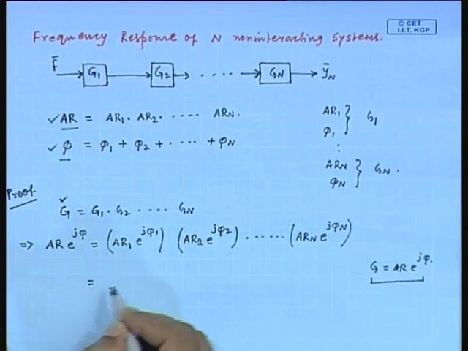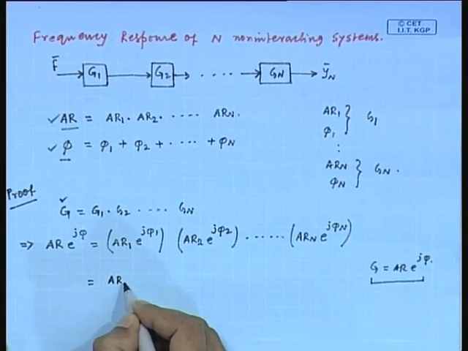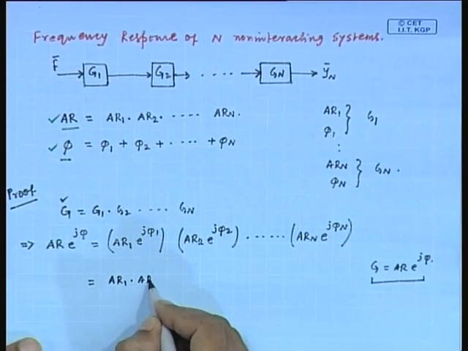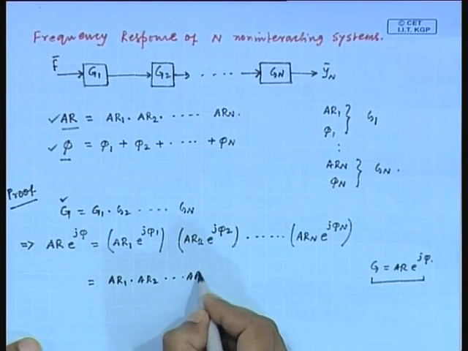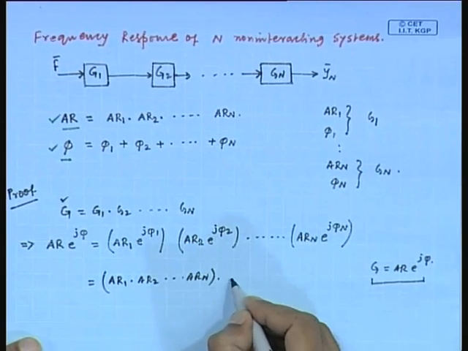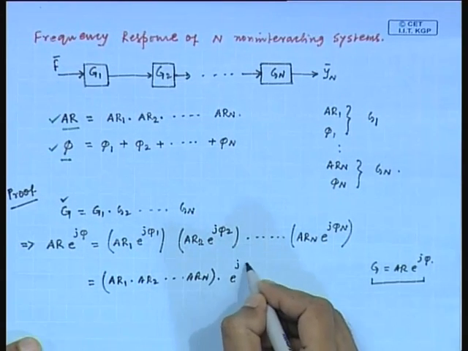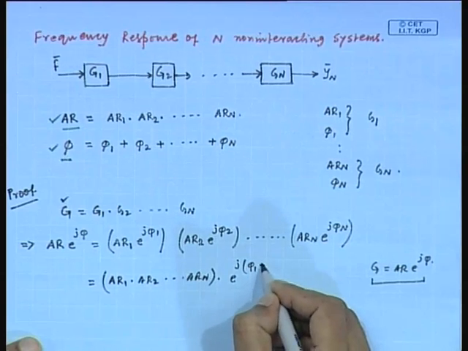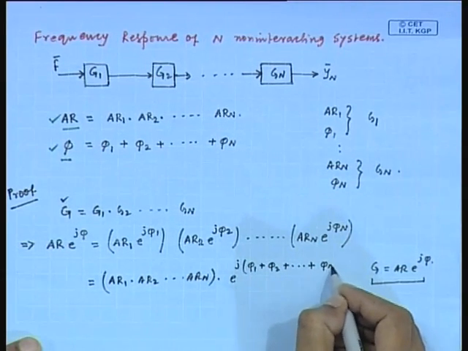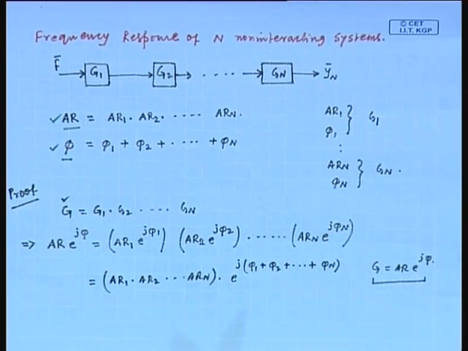Now, the right hand side we can write as amplitude ratio 1, amplitude ratio 2, amplitude ratio n, and exponential of j, then summation of all the phase angles. Fine, we can write the right hand terms in this way.